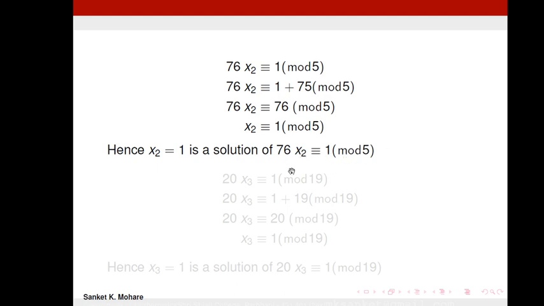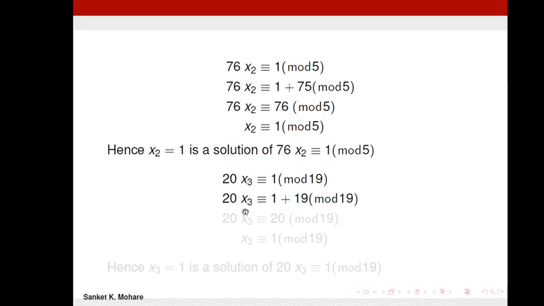Now for i equal to 3, capital N3 x3 is congruent to 1 modulo small n3. The value of capital N3 is 20, the value of small n3 is 19. So 20x3 is congruent to 1 modulo 19. Here we add a multiple of 19 to 1 such that 20 divides this sum.